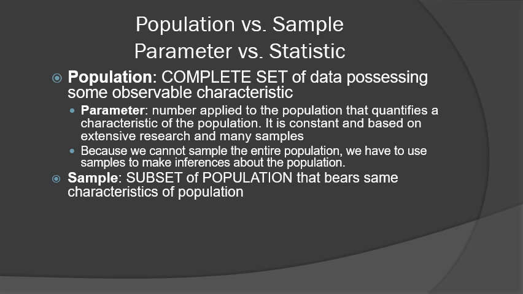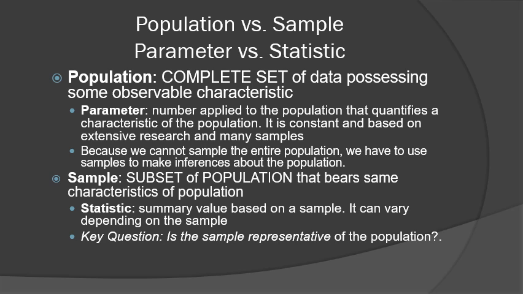So we take a sample from the population and we run our analysis on that sample. When we have a sample, any variable applying to the sample is considered a statistic. So let's say we take 20 Detroit Mercy students, we get their height, we get the average height of those 20 students. That is a sample statistic, that average height. If we get the variability in their height, that's a statistic.